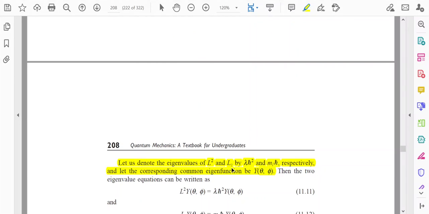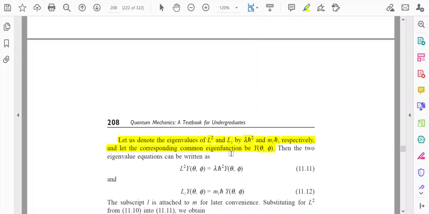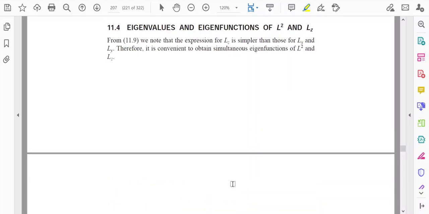So these are the eigenvalues, and they should have common eigenfunctions, as we have said in the earlier lecture, that L square and Lz, these two operators, should have a common eigenfunction. So that common eigenfunction we are assuming as Y, and that must be a function of theta and phi. Why theta and phi?